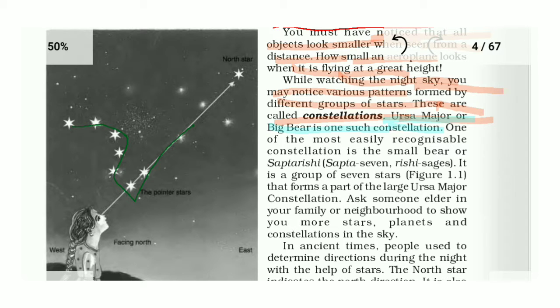One of the most easily recognizable constellations is the Small Bear or Saptarishi, and the Small Bear and Saptarishi are both the same thing. This is from the Indian perspective, Saptarishi and Small Bear. And Big Bear and Ursa Major are also constellations which are formed in the sky.